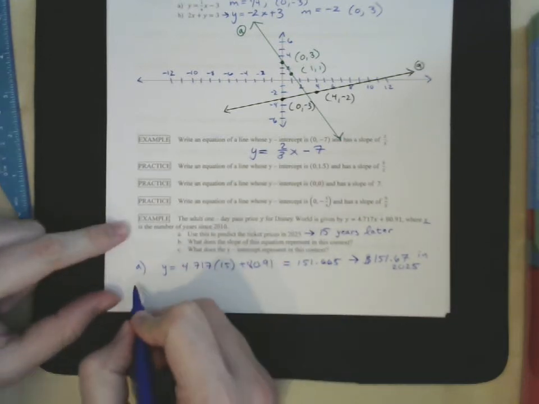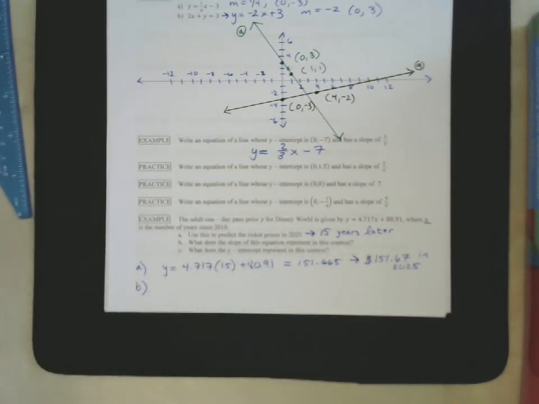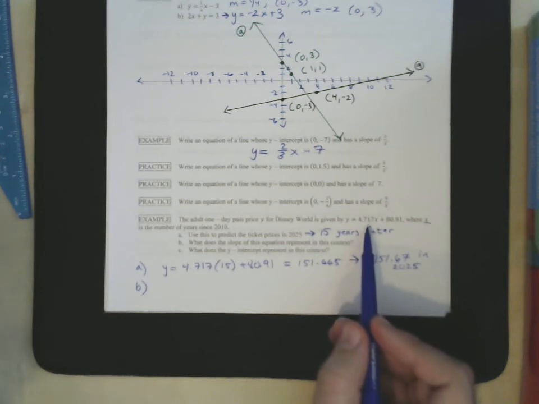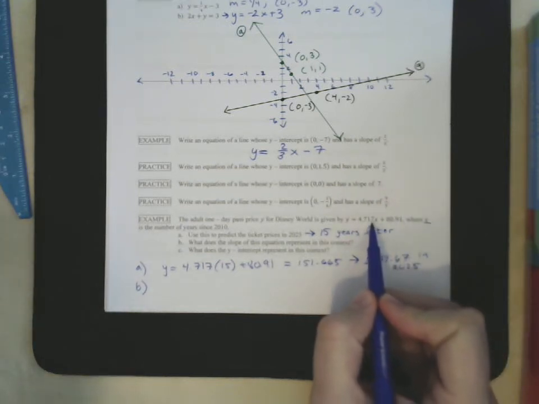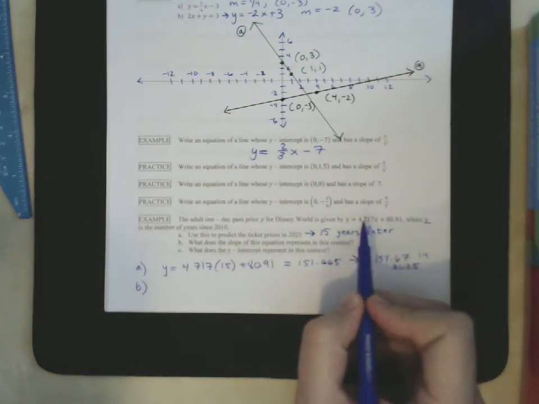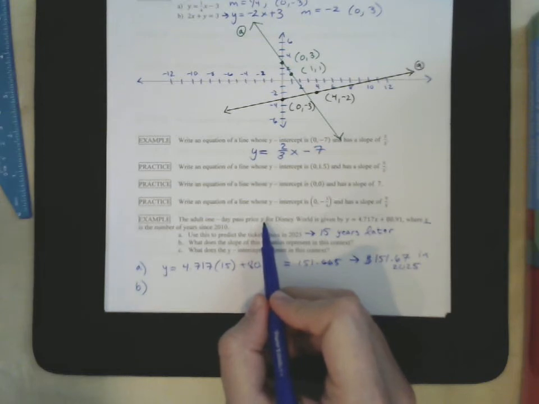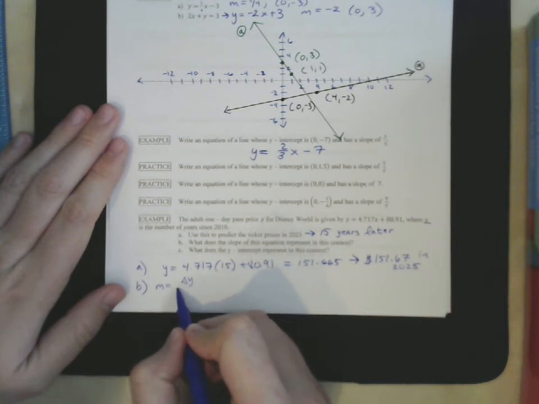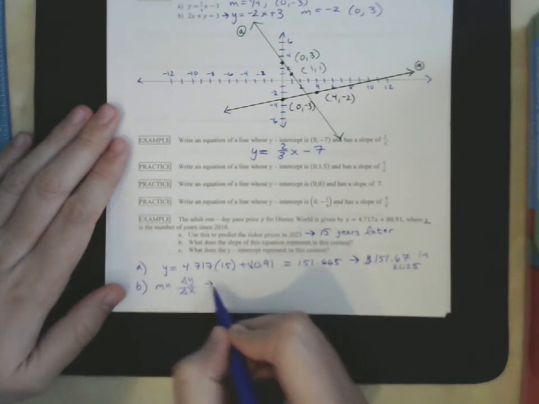So in part B, now we're interpreting the pieces of our slope-intercept equation. What does the slope of this equation represent in this context? So we can rely on our definition of slope from the last section. It's the rate of change. So this is rate of change, rise over run. That's dollars is y. So we're thinking delta y over delta x.